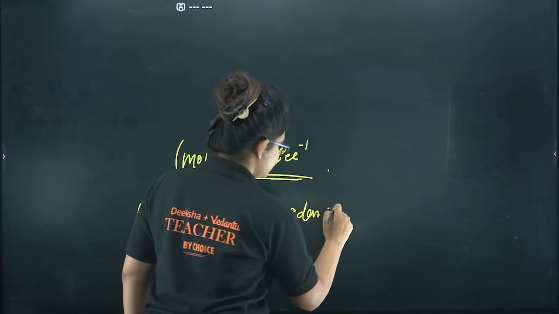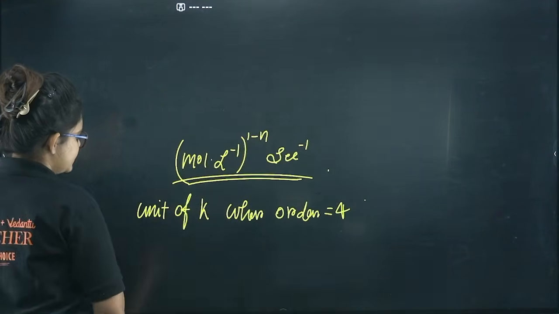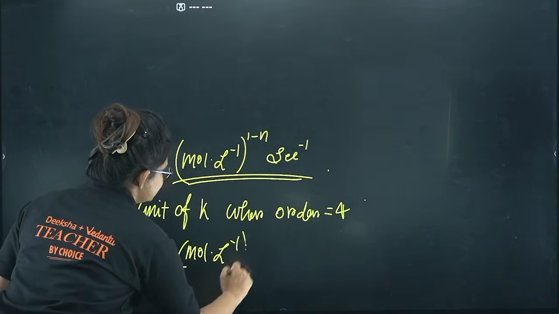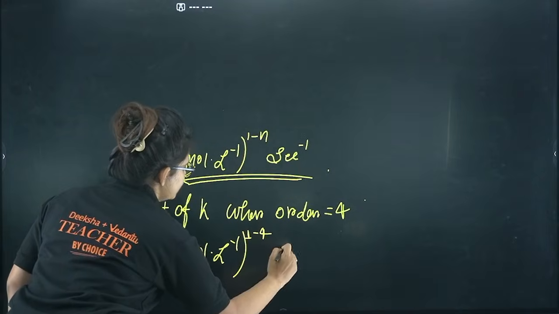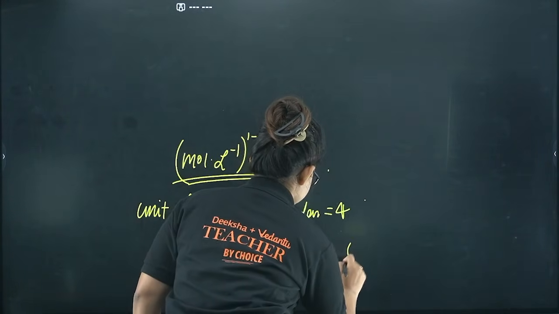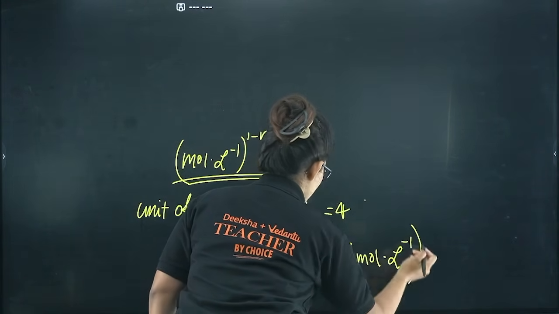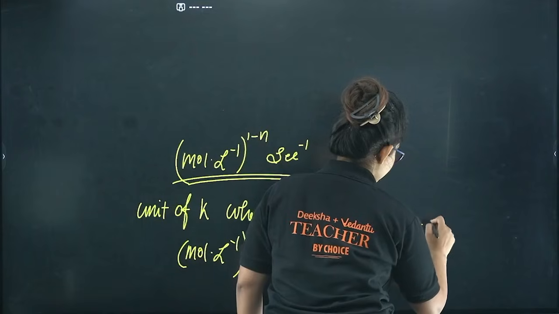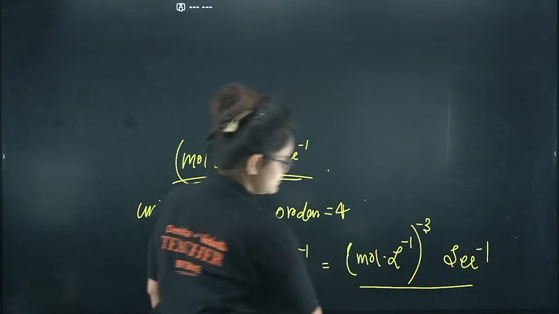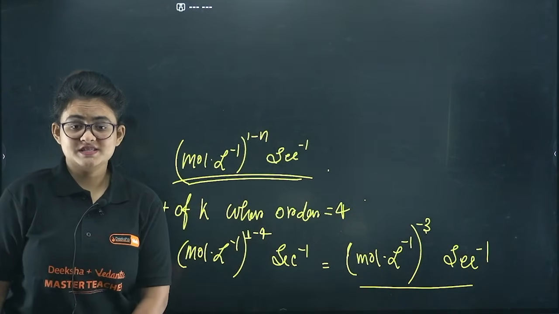So let's simply put the value of n as 4. That's going to be mole per liter to the power 1 minus 4, second inverse. So for this case you will get mole per liter to the power minus 3, second inverse. That's it. That is the unit of k whenever it is a fourth order reaction.